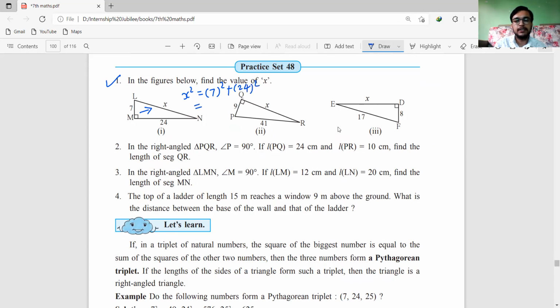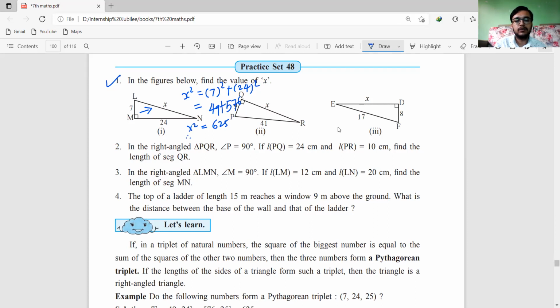What is 7 square? 7 multiplied by 7 is 49. Plus 24 square, 24 into 24, is 576. When we add these, we get 625. So x square is equal to 625.